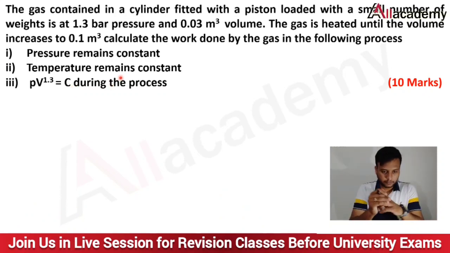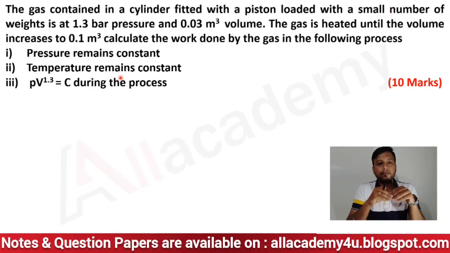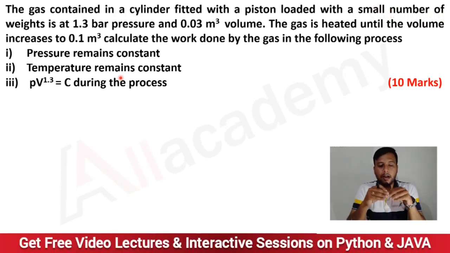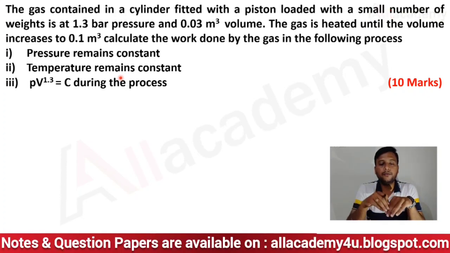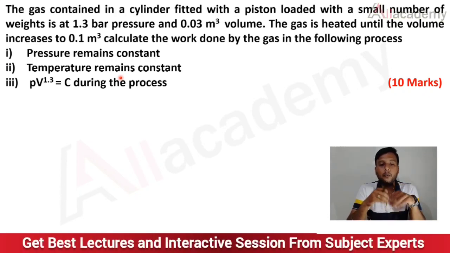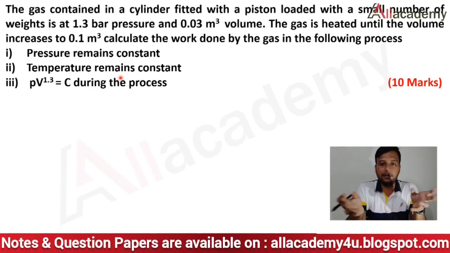This question is asked for 10 marks. There is a cylinder in which a gas is heated, and during this heating the gas expands from 0.03 meter cube to a volume of 0.1 meter cube. He asks what the work done will be if the process is carried out by 3 different processes.